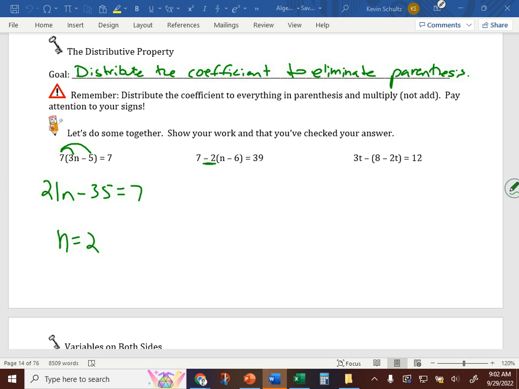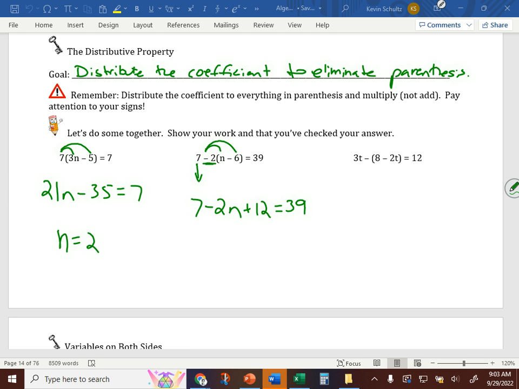That subtraction sign belongs to the 2. So the 7 just comes down because we didn't use it yet. And then negative 2 times n is a negative 2n. And this is why that sign's important, because it's a negative 2 times a negative 6, which gives us positive 12. Okay, there's one like that on the practice work for PO61, where you have to distribute that negative sign, which causes the sign inside the parentheses to change.